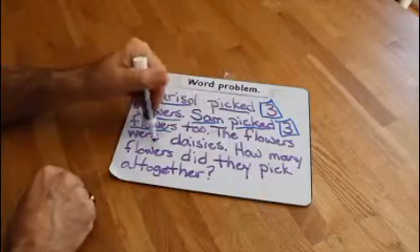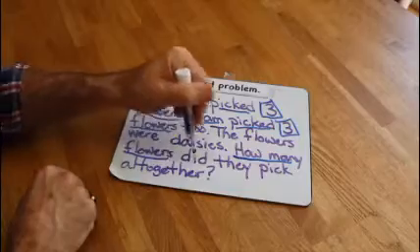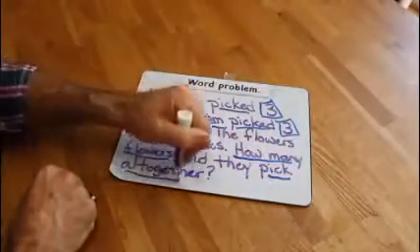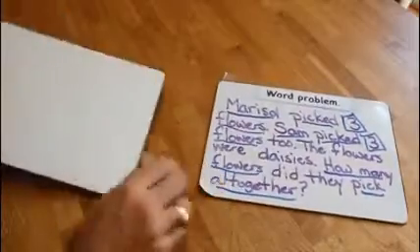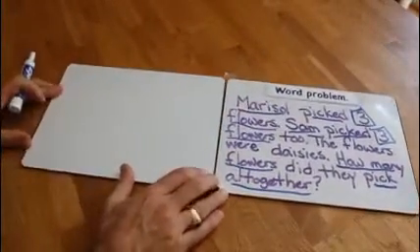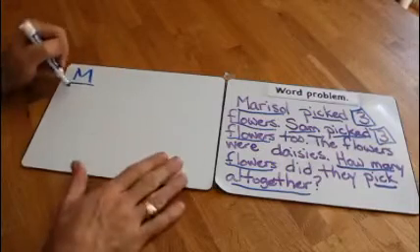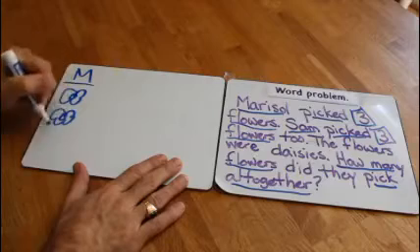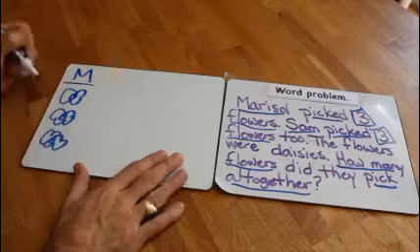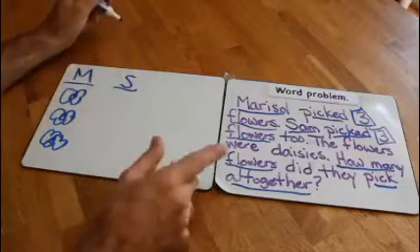How many flowers did they pick all together? Let's find out. Here we go. So, here's Marisol. And she picked 3 flowers. 1, 2, 3. Here's Sam. Sam picked 3 flowers too.